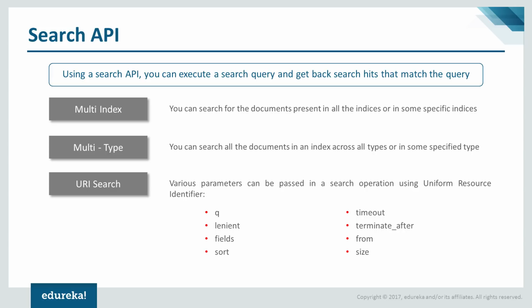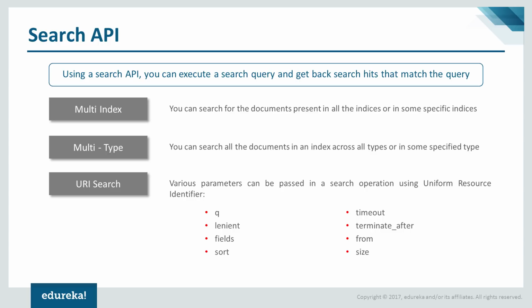You can search a document present in all the indexes or some specific index. If you want to search for a particular document across all the indexes, you can do that with the help of this. You can search all the documents in the index across all types or some specific type. This is what multi-type does.